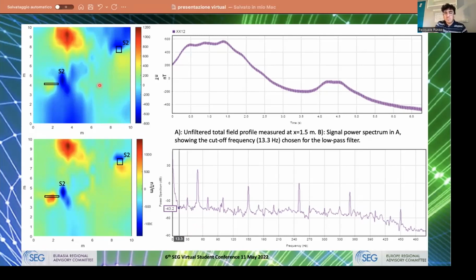So the total field map and the vertical gradient from filtered data are obtained. Looking at the total field map, the oscillatory pattern present in the previous map from the unfiltered data is now removed. While looking at the vertical gradient map, it does not change too much.